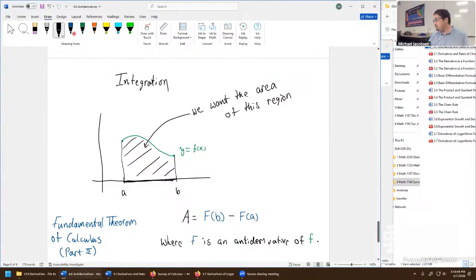Let's say once again what we mean, just to review, i.e. F prime of x equals f of x for all x in the open interval from a to b.